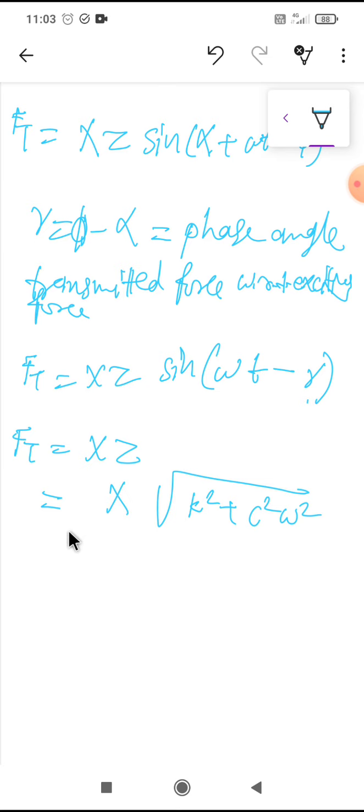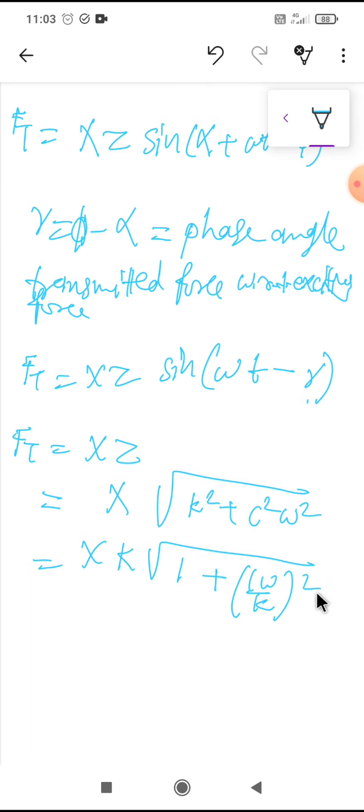So now we can convert this into r and zeta form. As we know, we can take k common out. If I take k common out, I am left with 1 plus c omega by k whole square.